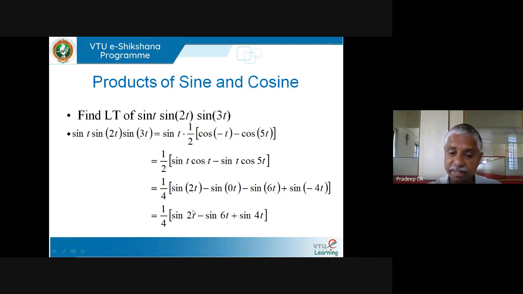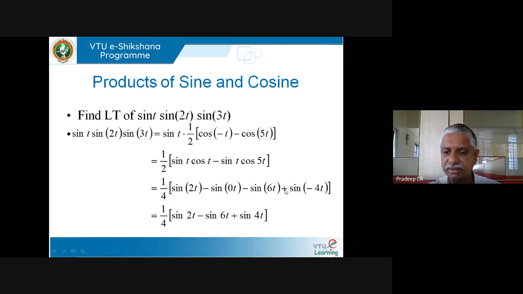So 1 by 4 of sin 2t minus sin 6t plus sin 4t. Remember, there is a mistake here: sin of minus t is minus sin t, right? So I have written plus here. This is not plus, this should be minus. But let us check the formula: sin cos comes with a minus. So this will be a minus.